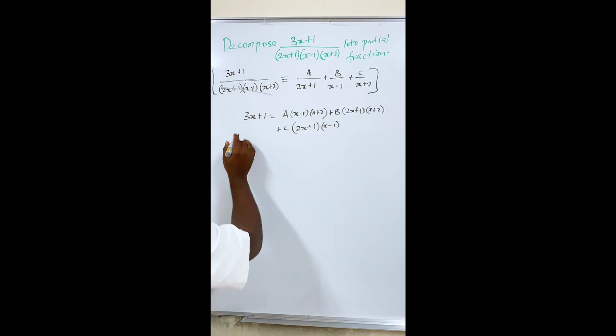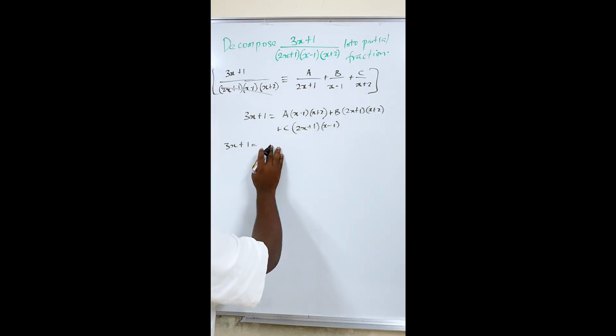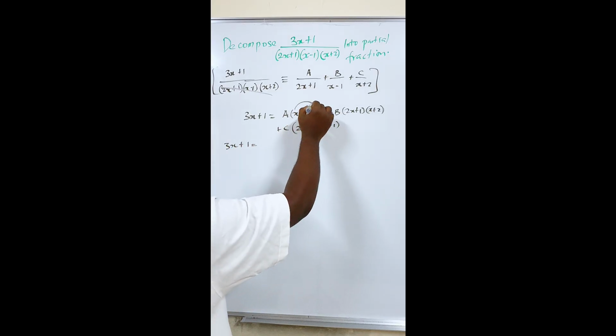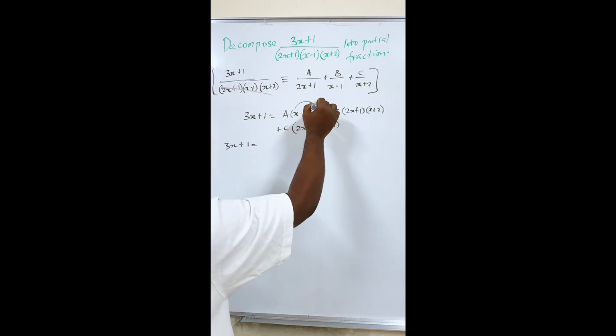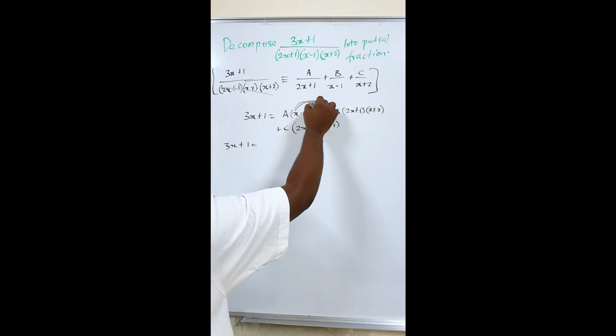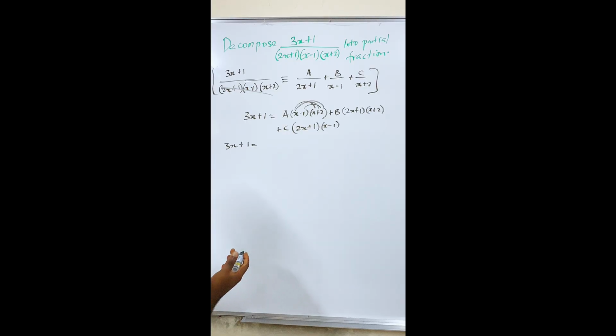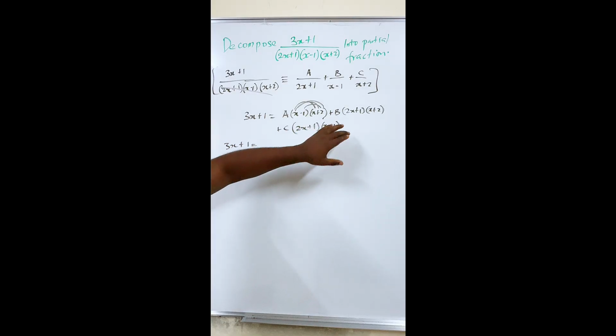Okay, so let's expand. We use this to multiply this, and this to multiply this, and so on. You can do that. However, you can also make a smarter way by cancelling out some of the terms.